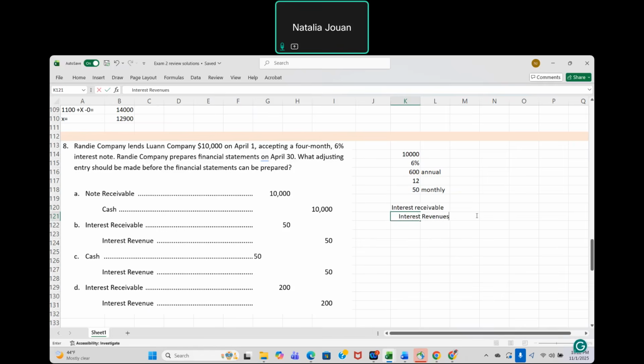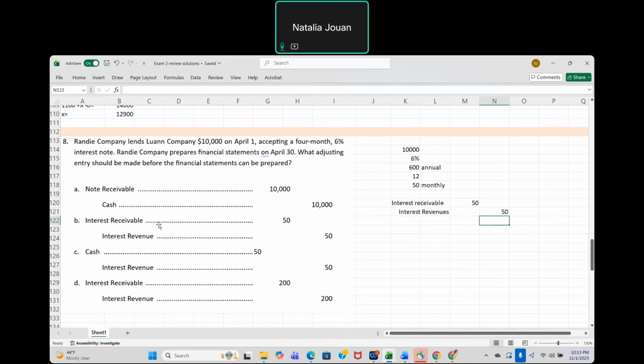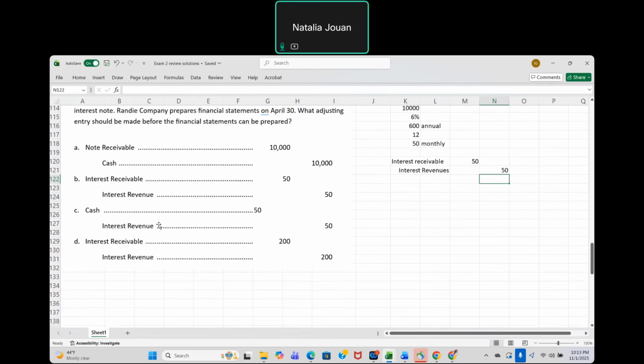Remember, revenues are credited unless you're closing the books. 50, 50. So what's the correct answer? B. So this is our adjusting entry. This is an accrual. We need to let investors know that we earned $50 and we are going to be receiving the 50 in the future. So B is our answer, right?